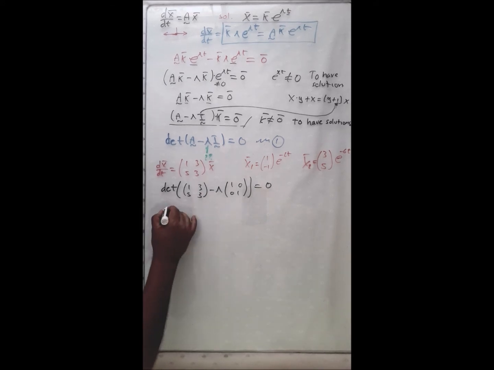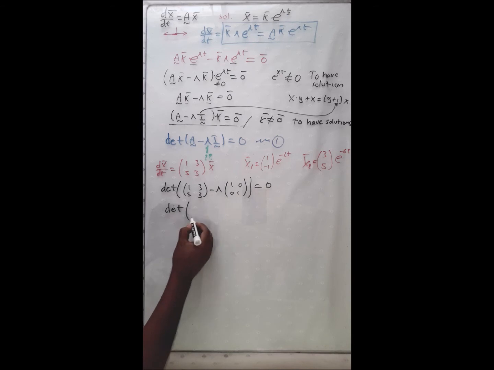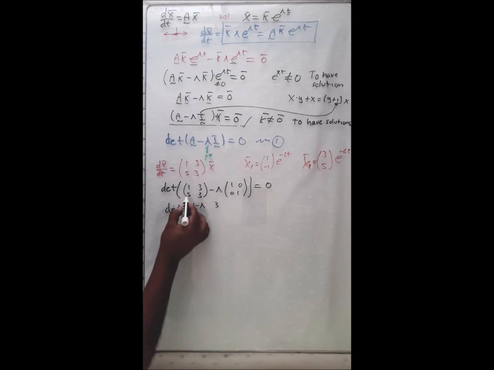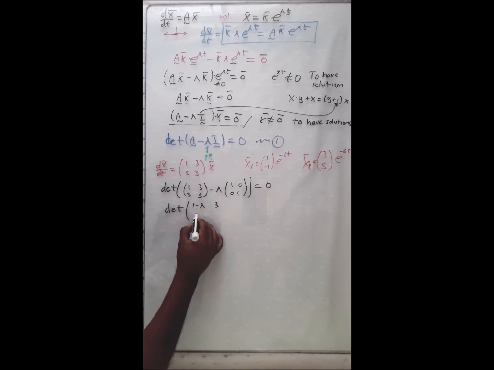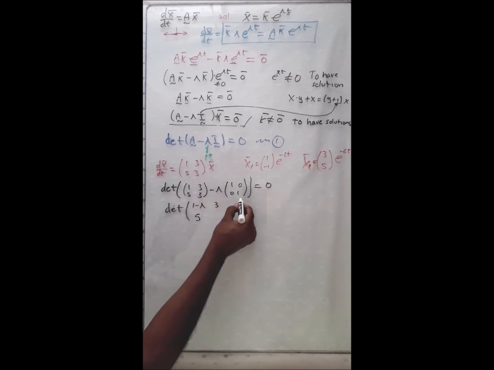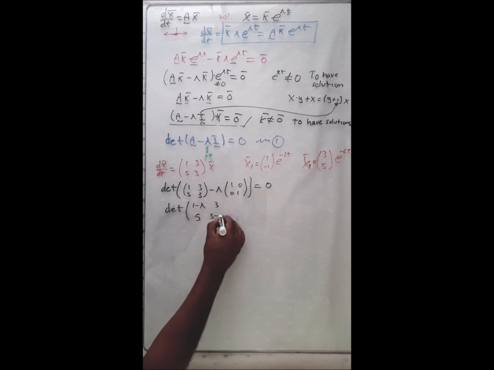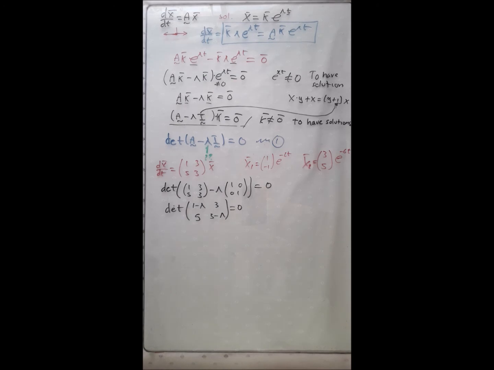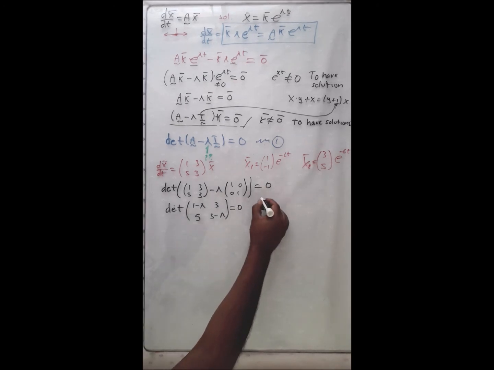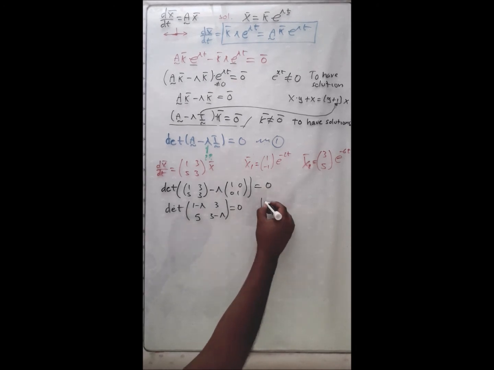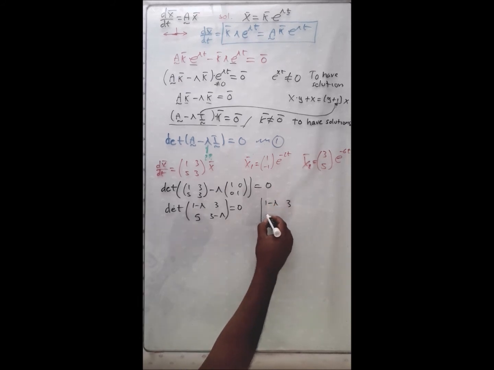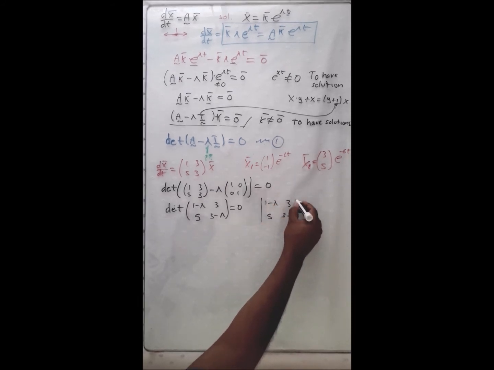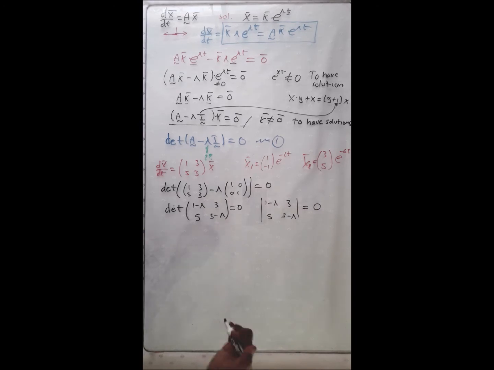So this operation is going to be the determinant of 1 minus lambda, 3 minus 0, just 3, 5 minus 0, just 5, and 3 minus lambda. I usually write the determinant with 2 bars: 1 minus lambda, 3, 5, 3 minus lambda, equal to 0.